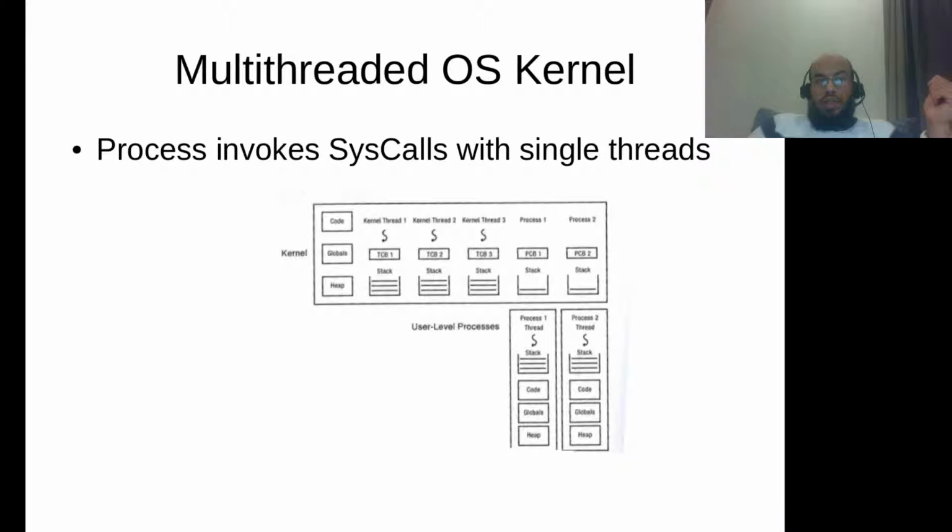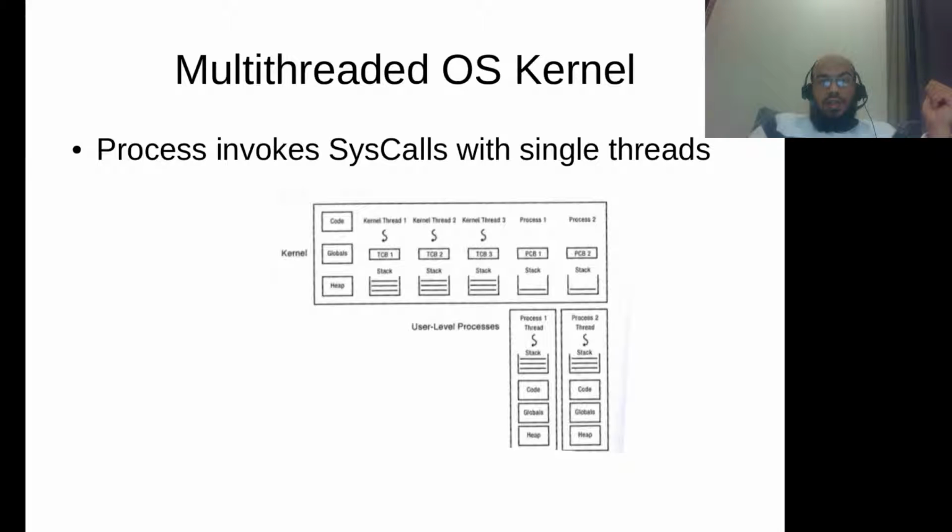So let's look at this figure, where you have code, for example, and you have multiple kernel threads running in the kernel. But you have user level processes trying to spawn new threads, and process 1 has thread 1 and process 2 has another thread.